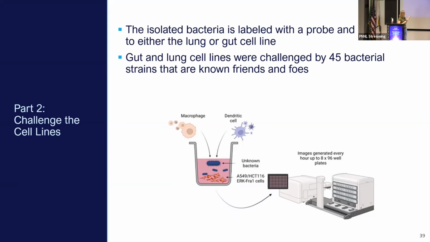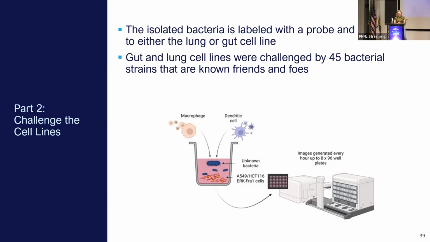So they took 45 known strains of friends and foes. So commensal non-pathogenic bacteria are our friends and pathogenic bacteria are our foes. And so once we're collecting data, we know this is a friendly response to a bacteria. This is an immune system response because, say, it's a bad strain of E. coli.